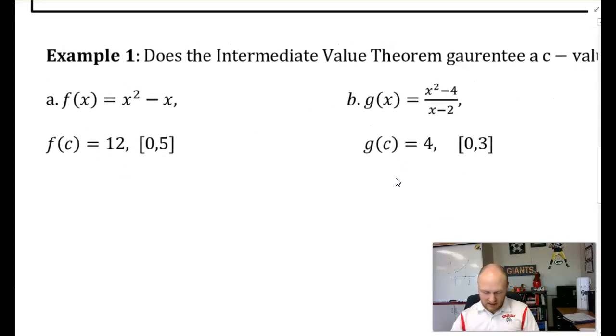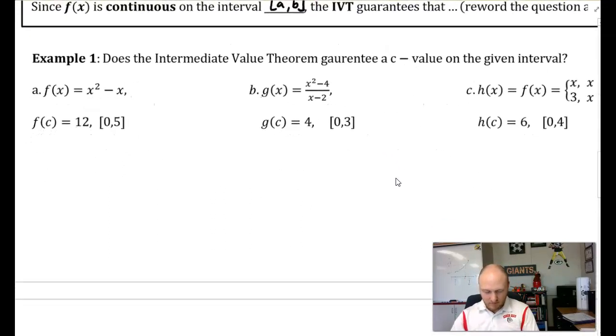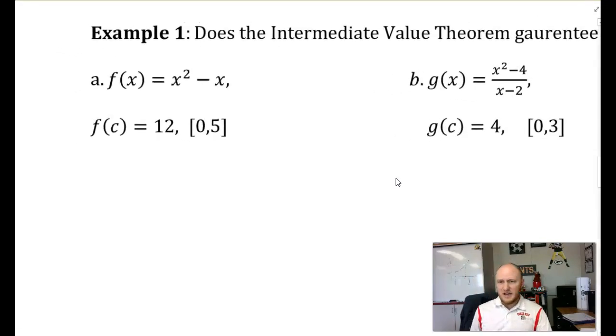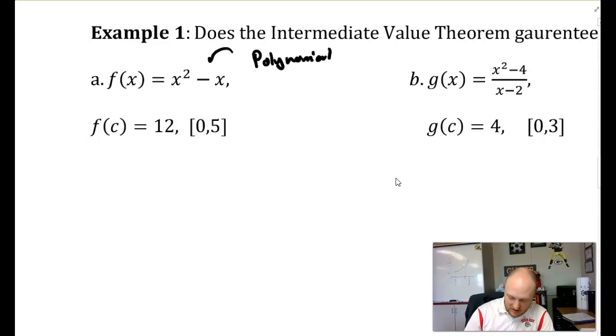So here is example number one, and it says, does the intermediate value theorem guarantee a c value on the given interval? So here is A, and my function f of x is x squared minus x. Well, this is a polynomial, and polynomials are continuous everywhere, always continuous. So condition number one, I can say f of x is continuous.